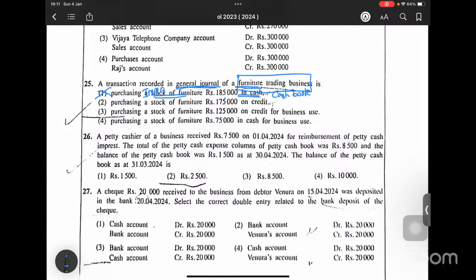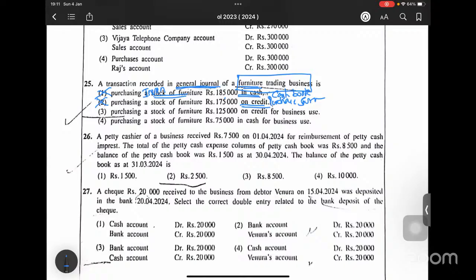Purchasing a stock of furniture, rupees 175,000 on credit. No, why? Because it is purchasing on credit, that comes under the purchase journal. Purchasing furniture, rupees 125,000 on credit for business use.